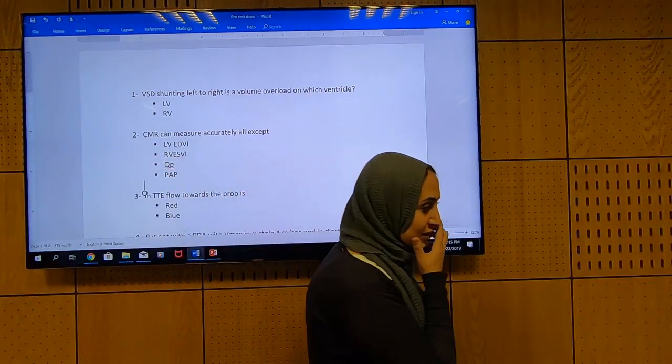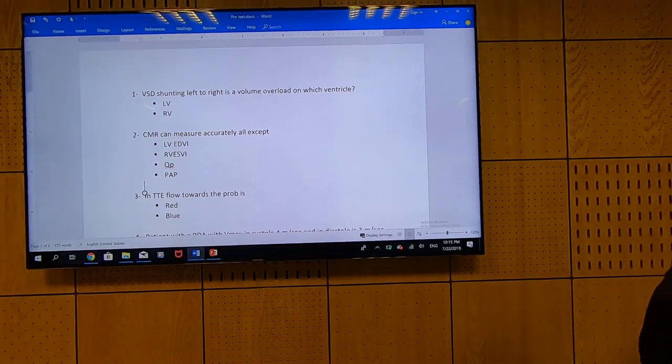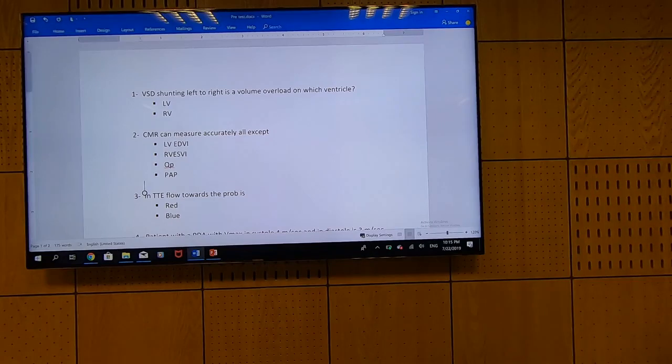So, first question. In VSD, shunt left to right, the volume overload is what you are going to go for. Agree? Any objection? No?